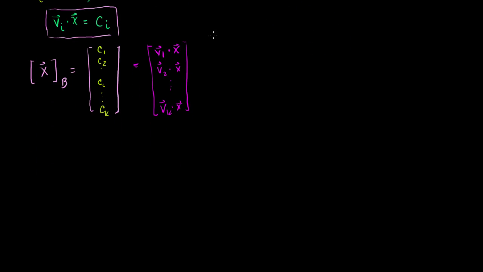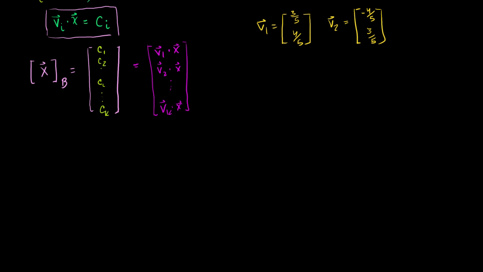Let's say that I have two vectors. Let's say that v1 is the vector 3/5. Let me write it this way. Let's say it's 3 over 5 and 4 over 5. And that v2 is equal to minus 4/5, 3/5.